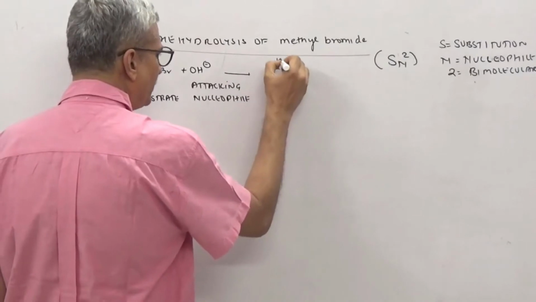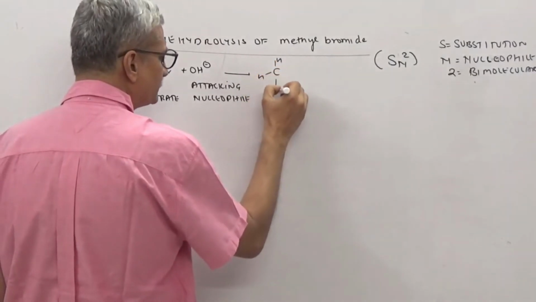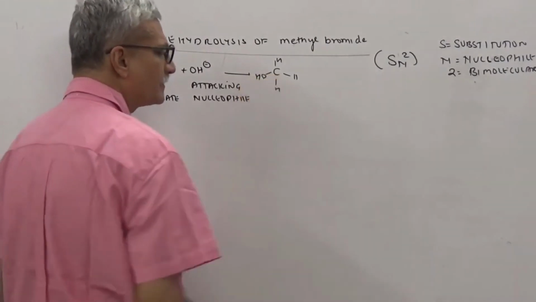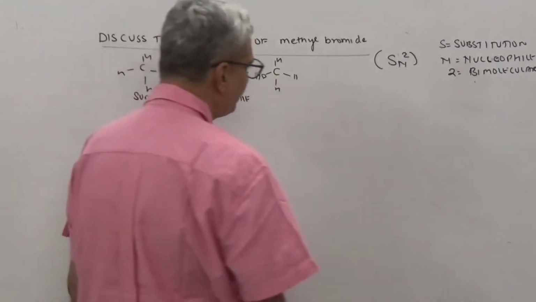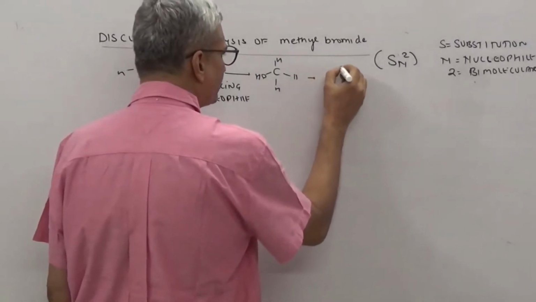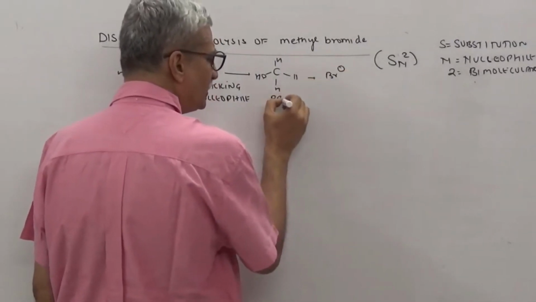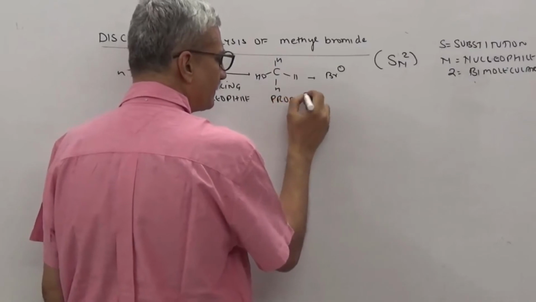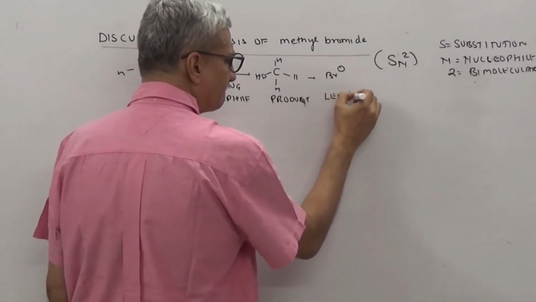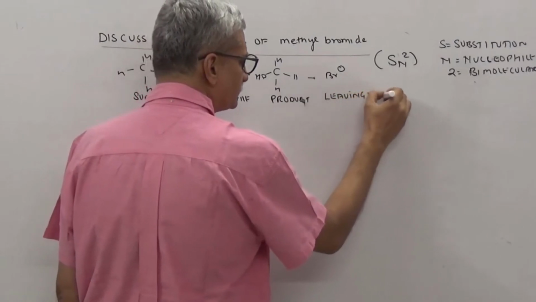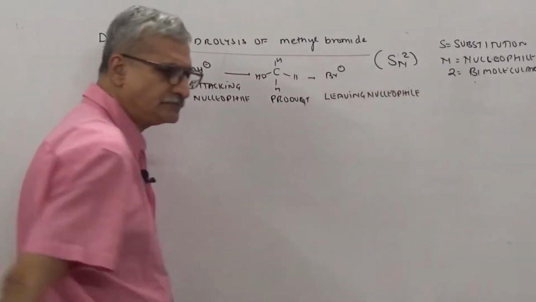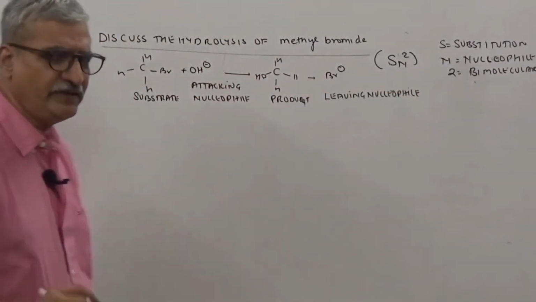You are going to get CH3OH, and this is the product, and Br minus is the leaving nucleophile.